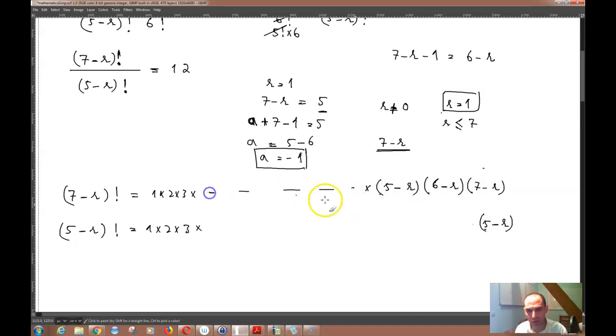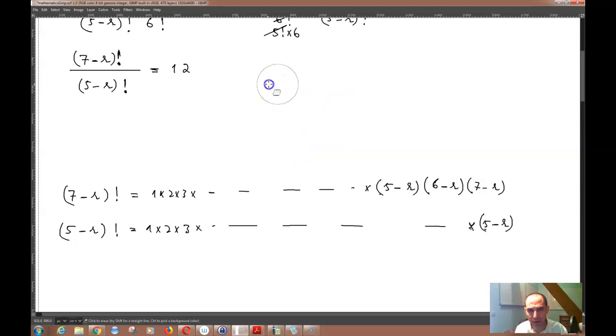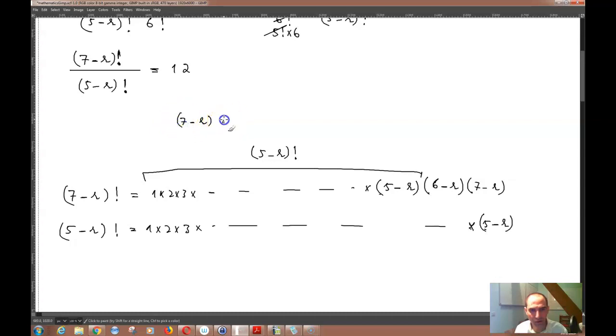So now these are all being multiplied and these are all being multiplied. So what that means is that I can write this as, basically, you can see that all the way up to here I have 5 minus r factorial. So I can write 7 minus r factorial as 5 minus r factorial times 6 minus r times 7 minus r.